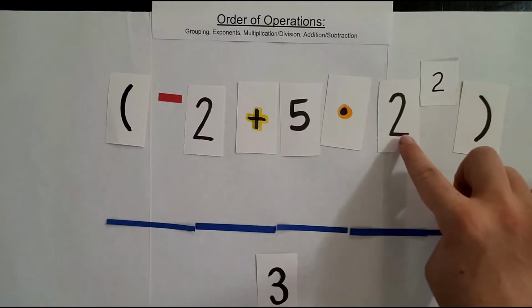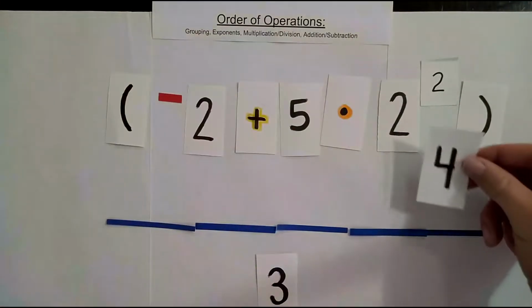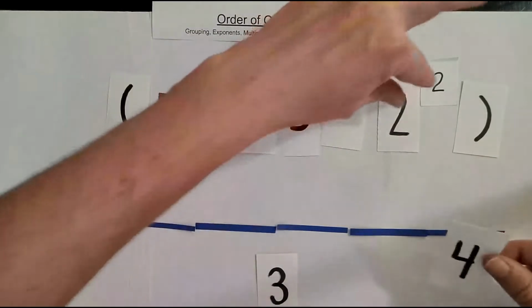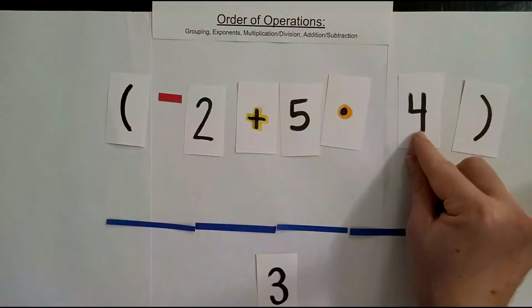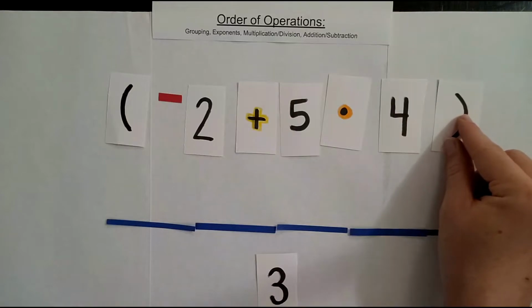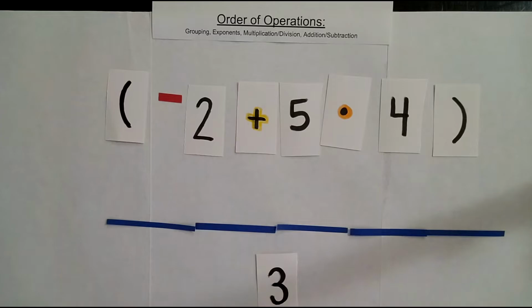So we multiply 2 by itself twice. 2 times 2 is just going to be equal to 4. So we can replace this 2 squared with a 4, and that'll allow us to solve that first exponents piece of this group. So that 2 squared turned into a 4.